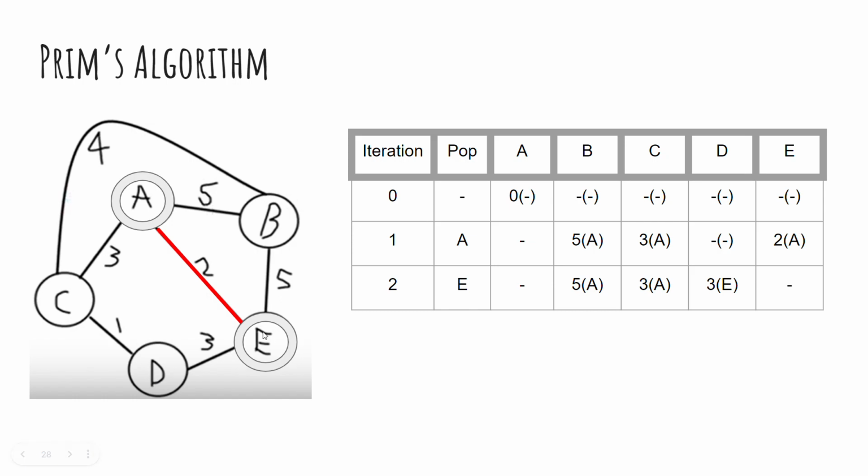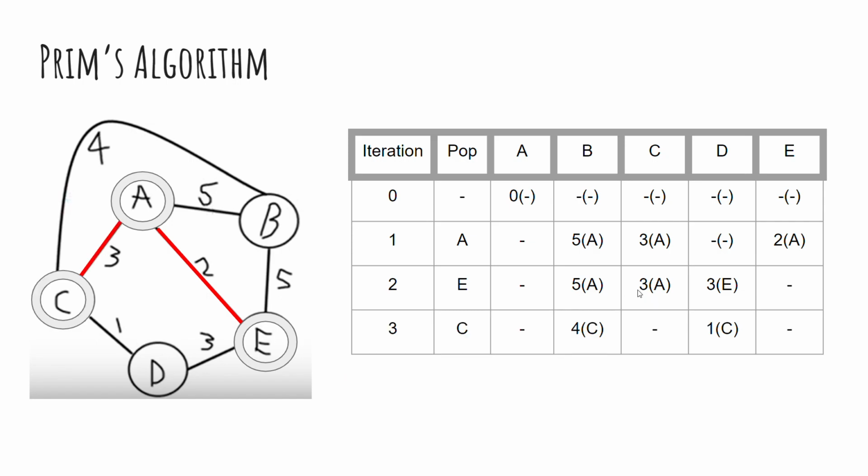So now we'll add that to the table. So we have the distance between E and D is 3 and the parent is of course E. And now we'll find the minimum one from these three, and so we get the minimum one is again vertex C. So we pop the vertex C and then we again update the distances.